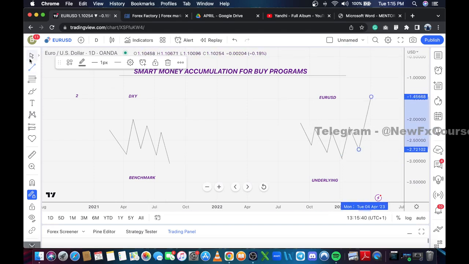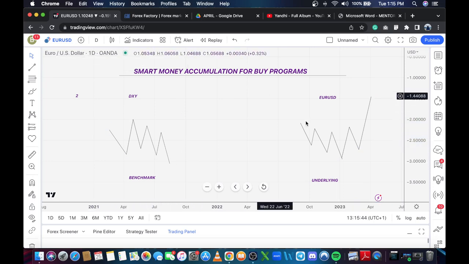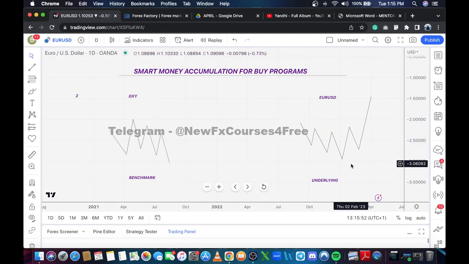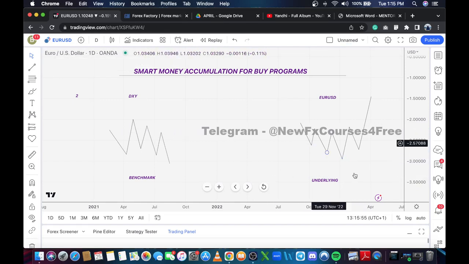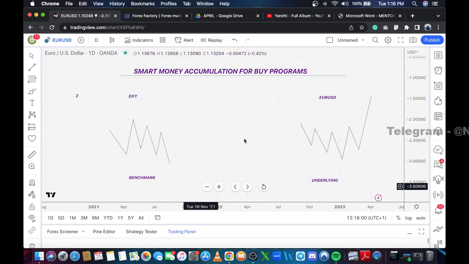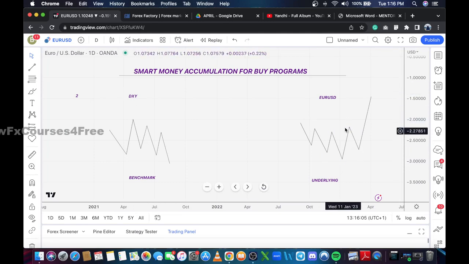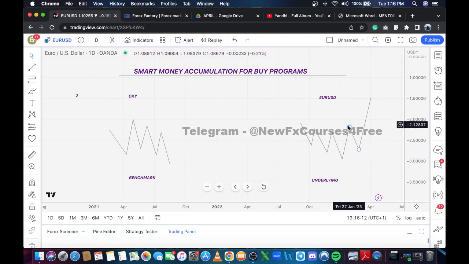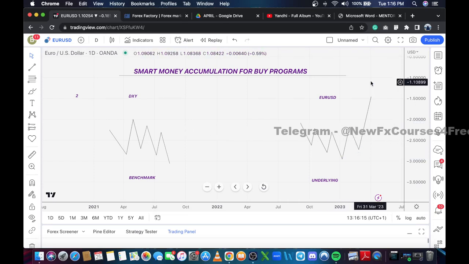Now we're looking for bullishness, because we cannot have the benchmark and underlying trade the same for an extended period of time. Eventually one has to give, and oftentimes it's going to be the underlying. Okay, so dollar, which is benchmark, if it's trading lower, dollar cannot continue to trade lower. If dollar is trading lower, eventually it has to give and switch structure and go higher. So once you see it run lower and you see a shift in structure, that's your cue to go long.